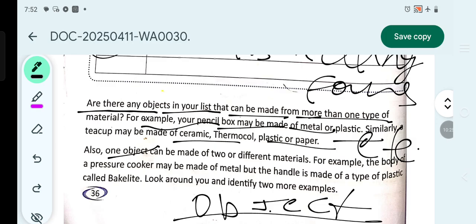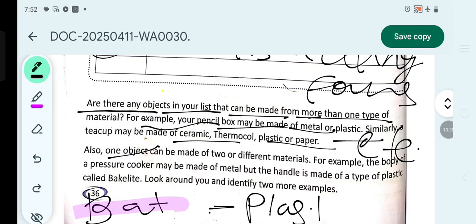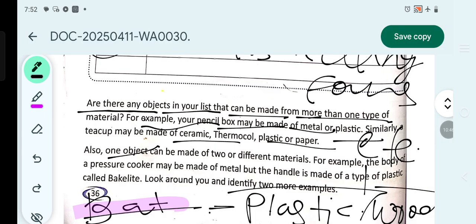Like, see a cricket bat. A cricket bat can be made by different things, isn't it? It could be made by plastic or it could be made by wood. So, the cricket bat itself could be made by plastic or wood.